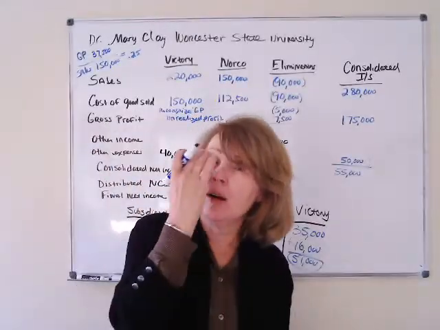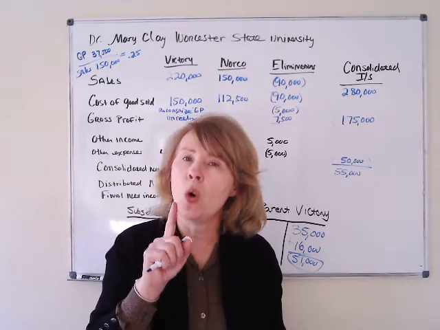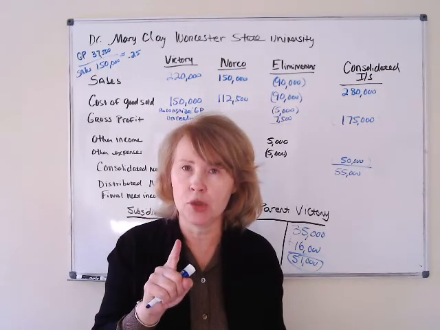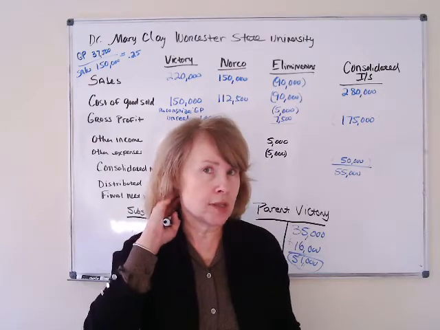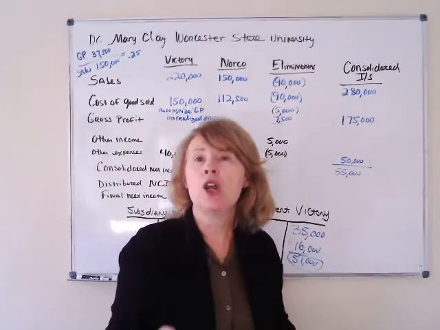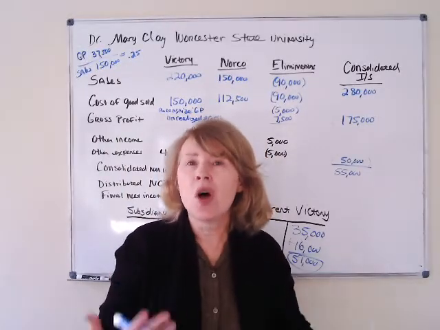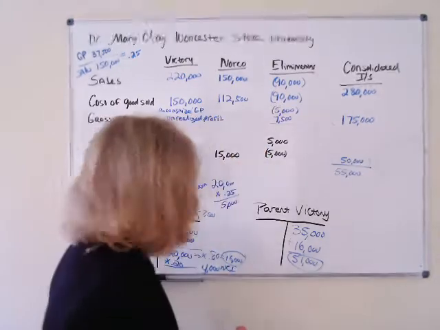All right, now, we don't own 100%, so we have to take out only the non-controlling interest portion. Now, sometimes in class, students say, Professor Clay, can I just add that 16 up here? No, because you're already consolidated both the parent and the sub. You're not isolating this 16.